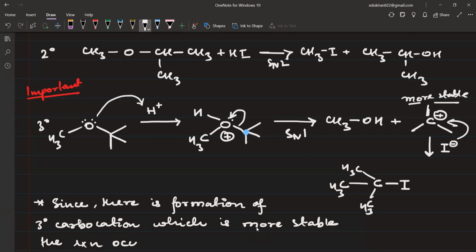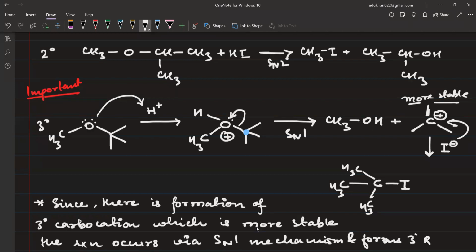The reaction occurs via the SN1 mechanism and forms 3-degree RX alkyl halide.